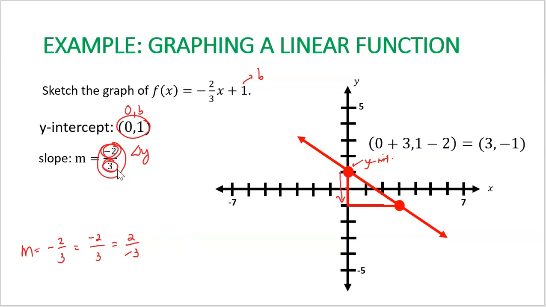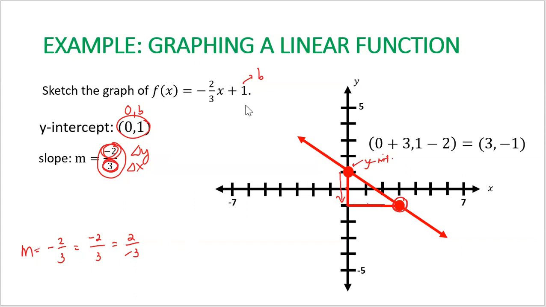And then it's followed by a 3 unit movement rightward because delta x or change in x is positive 3. So from this point, we shall move 3 units rightward to get this particular point here.